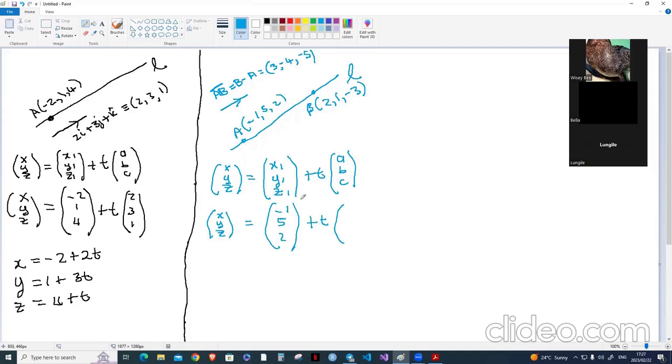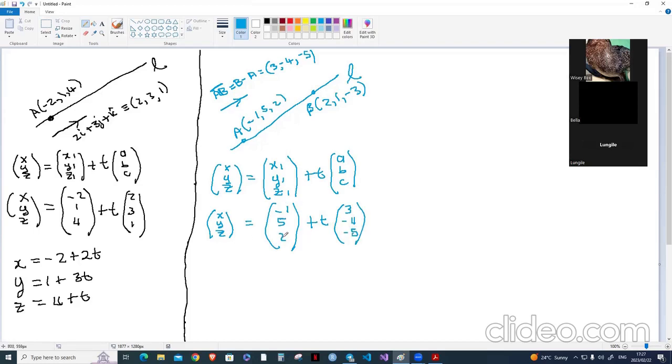With the vector, it depends on where you're starting with your point. You start this side, this is going to be negative, this is going to be positive, this is going to be positive. But it really doesn't matter. You just need to know what you're doing. Because for example, you might not see this option in the multiple choice.